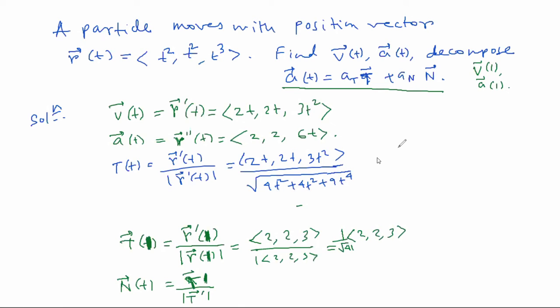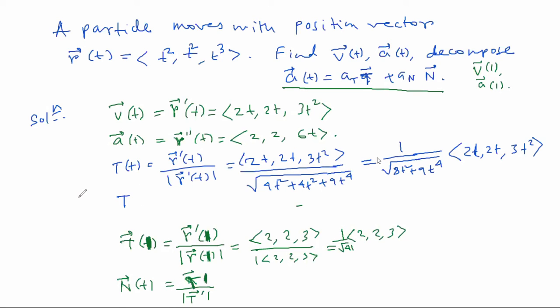So it becomes 1 over the square root of 8t squared plus 9t to the 4, times 2t, 2t, 2t squared. This calculation is going to be long.